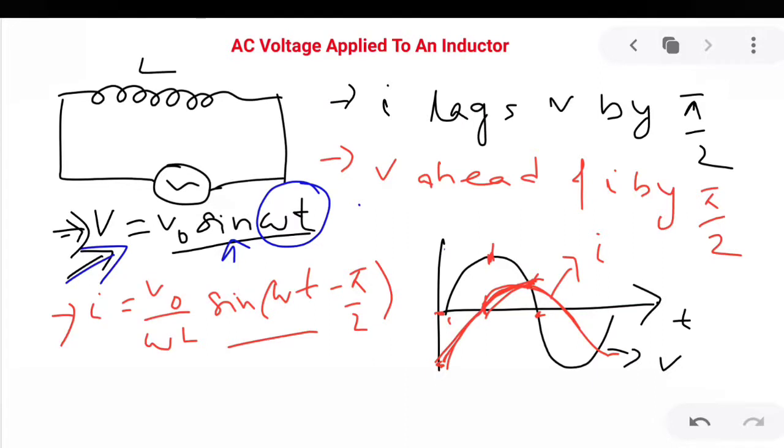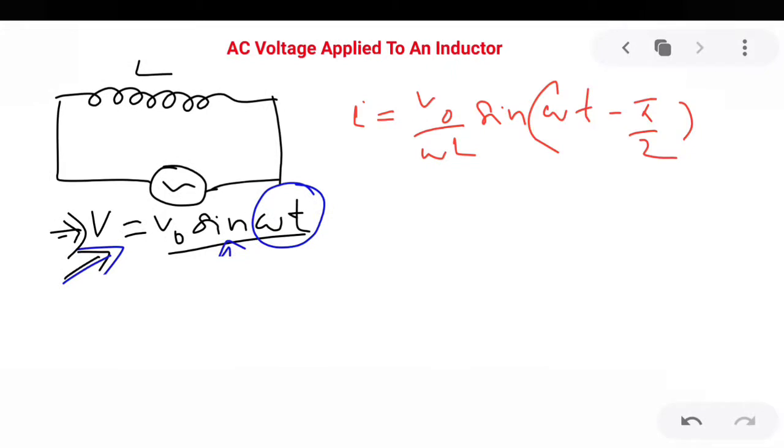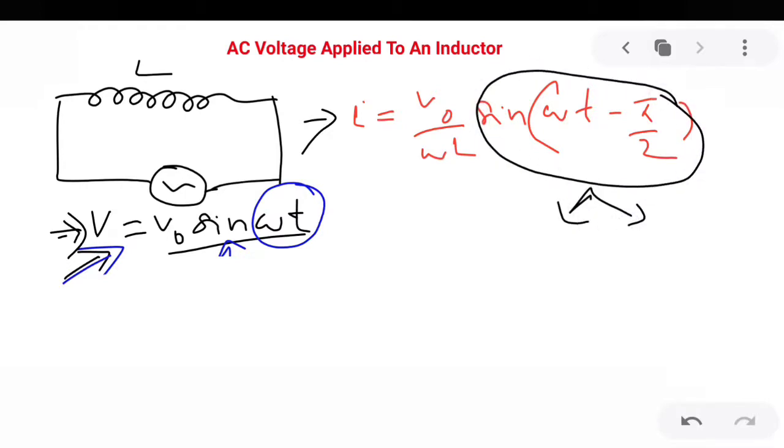Okay, now this is with regard to phase. Now let us understand the importance of this term omega L. See, we had this equation I is equal to V naught by omega L sine omega t minus pi by 2. So when the sine term acquires a maximum value of plus 1 or minus 1, the current acquires a maximum value, plus V naught by omega L or minus V naught by omega L. So this is the peak value of the current, I naught.